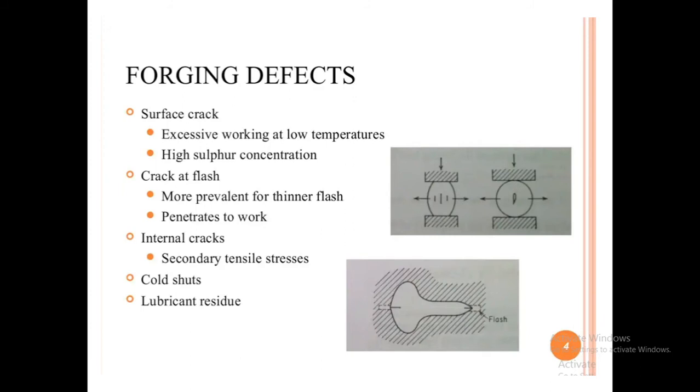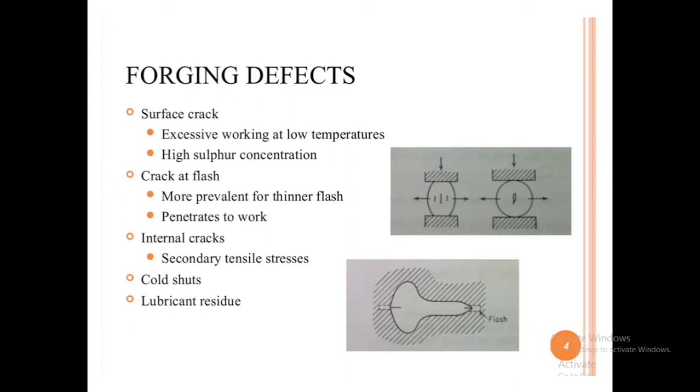If the raw material changes, the temperature at which forging is done also needs to change. Suppose we are working on cast iron, or on steel or mild steel.